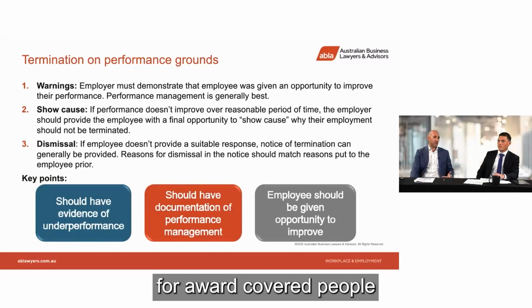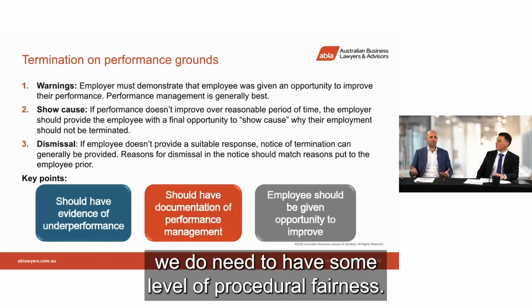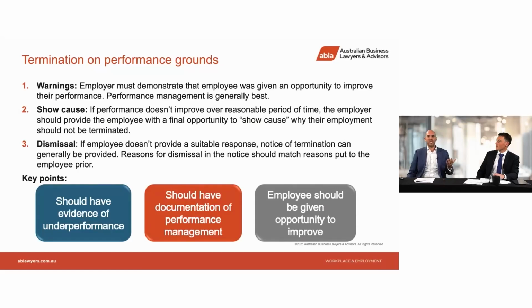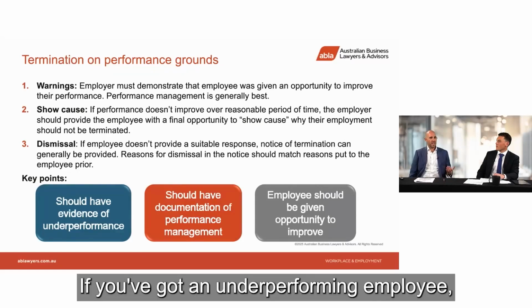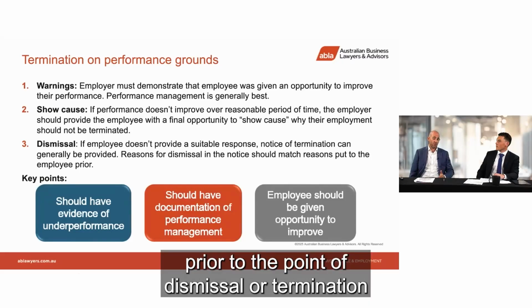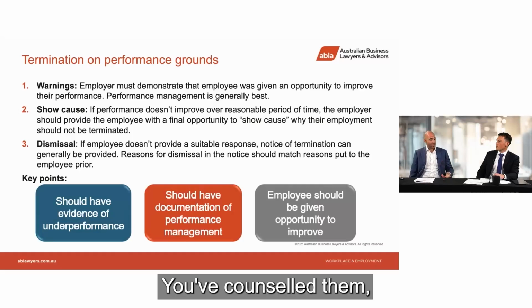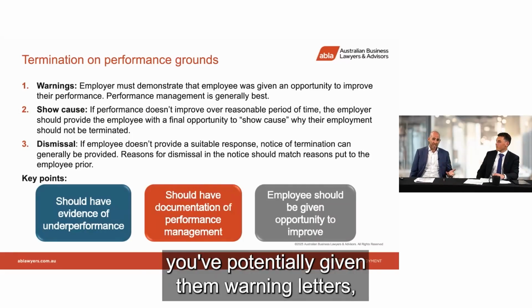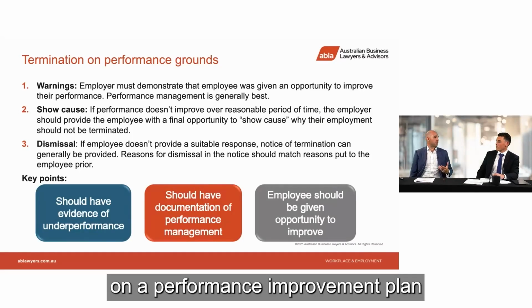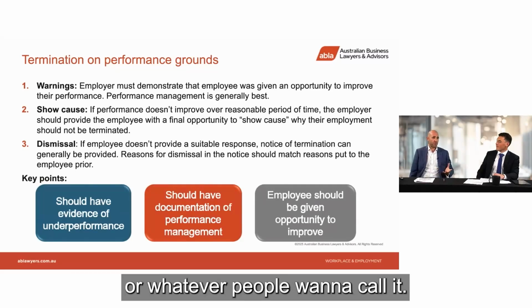For award covered people or for unfair dismissal eligible people, we do need to have some level of procedural fairness. If you've got an underperforming employee, you need to be able to demonstrate prior to the point of dismissal or termination that you have had discussions with the employee, you've counselled them, you've potentially given them warning letters, you've potentially put them on a performance improvement plan or a performance management plan or a PIP or whatever people want to call it.